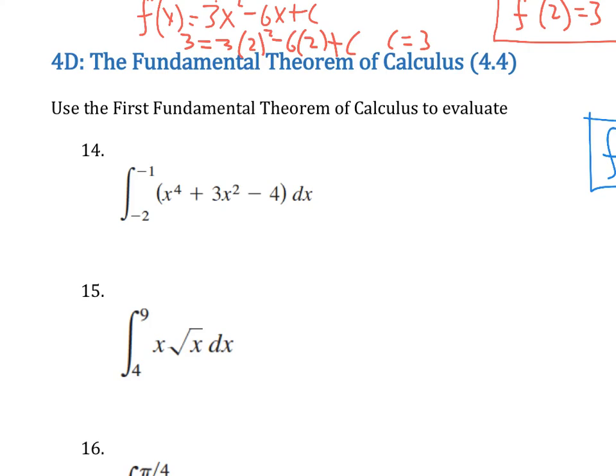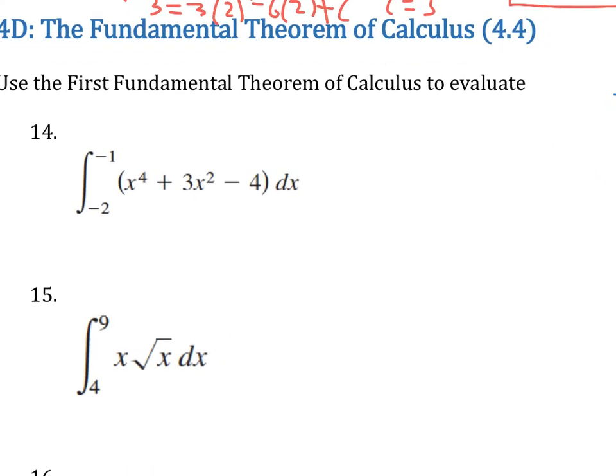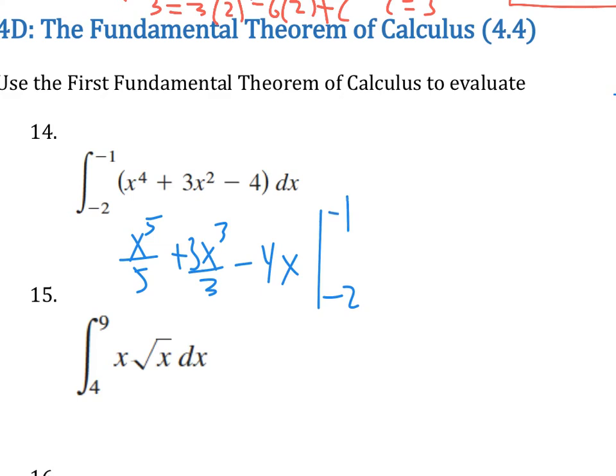Fundamental theorem of calculus here, as we saw a little bit earlier. We take the antiderivative, x to the fifth over 5 plus x, 3x cubed over 3, minus 4x, and we're going to evaluate that from -2 to -1. And so that's going to come out to be -1/5 minus 1 plus 4, because we're substituting -1.